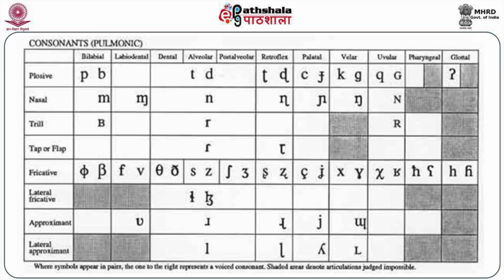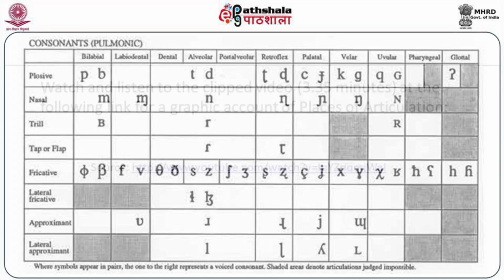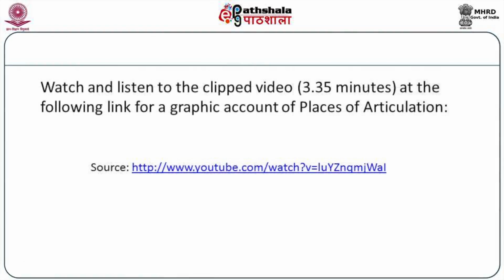We will take a look at those manners of articulation and places of articulation and try to relate them in the remaining part of this module. I suggest that you watch and listen to the clipped video for a graphic account of the places and manners of articulation. The link is given in the slide that follows.